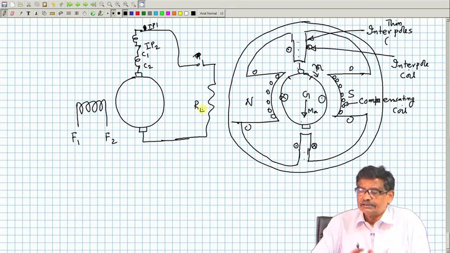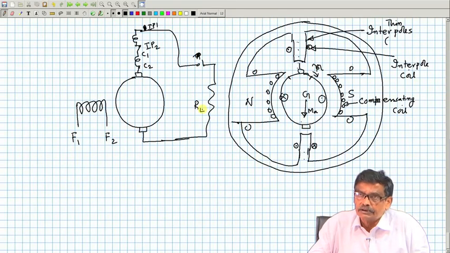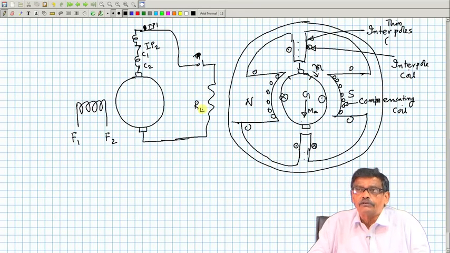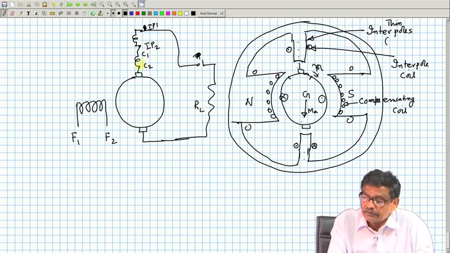So, to summarize what I am trying to tell, qualitatively we have first seen what is armature reaction, what are the ill effects of armature reaction, and then how to avoid the ill effects of armature reaction by connecting a compensating coil.